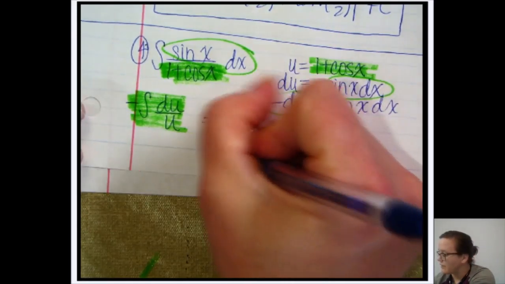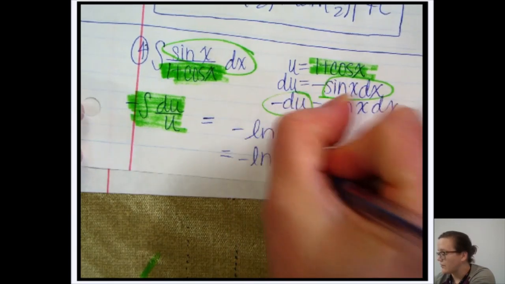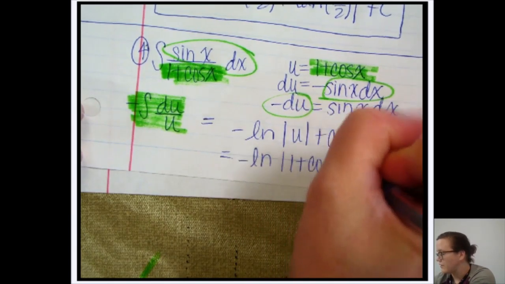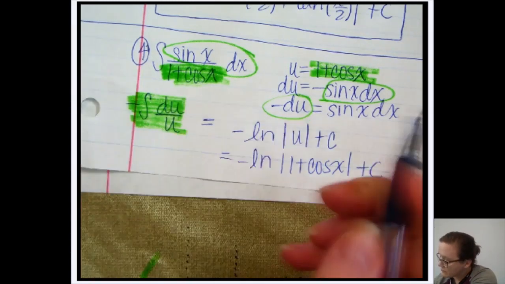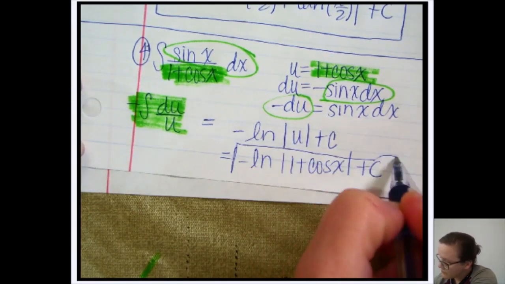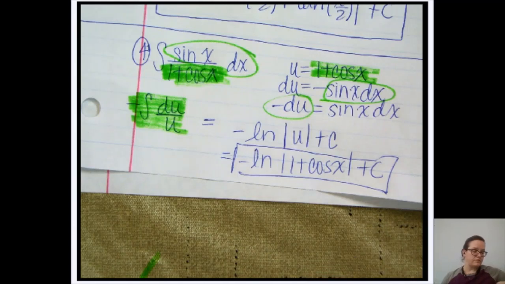So in this case, we get the negative natural log of 1 plus cosine x plus c. So again, that is related to what we had been doing. And let's do one final one.